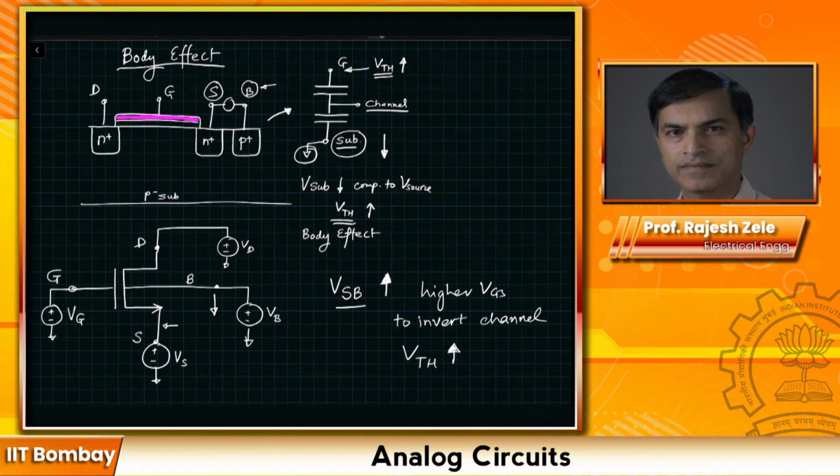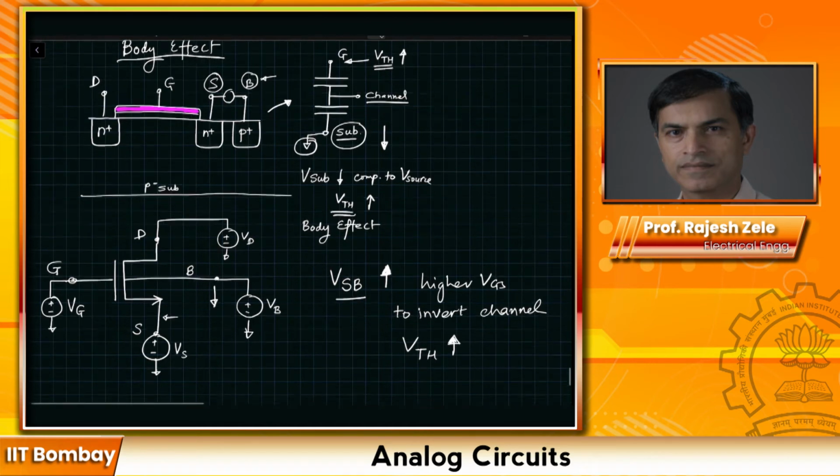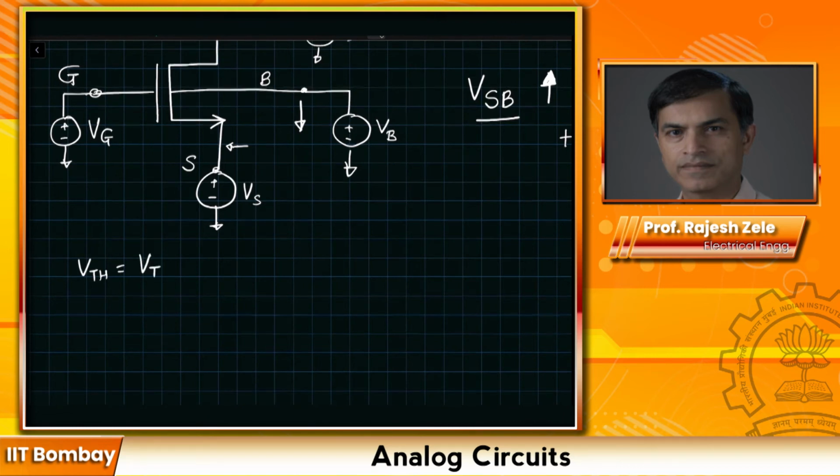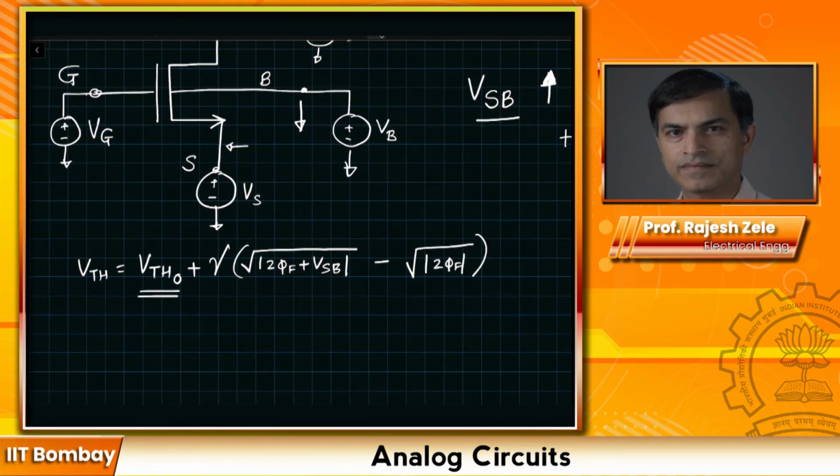So let's write how this body effect is represented. VTH is given by VTH0 plus gamma times square root of 2 phi f plus mod VSB, minus square root of 2 phi f. Here VTH0 is the threshold when VSB is equal to 0.